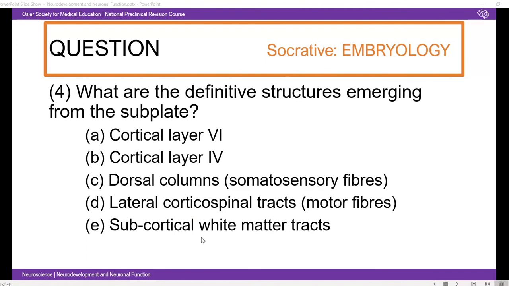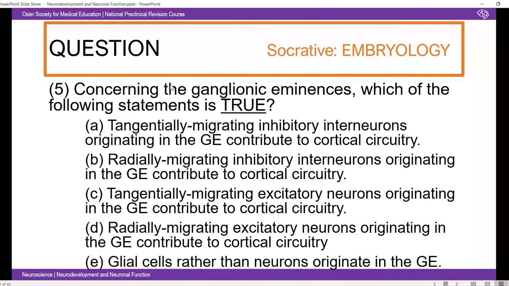Amazing. A good proportion of you identified the subcortical white matter tracts, 78%, that's brilliant. Most of the cells apoptose and form this funny remnant structure that we don't know much about. This is a very wordy one, I am sorry.